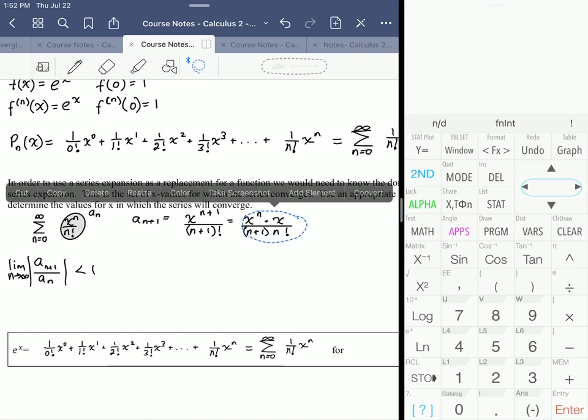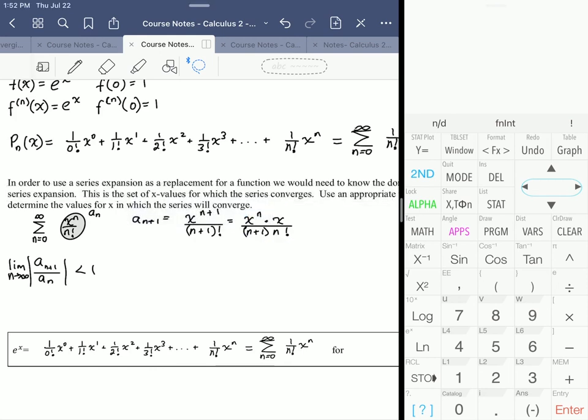That's going to facilitate cancellation. So it's going to be the ratio of that and x to the nth over n factorial. We're finding the limit as n approaches infinity of that.